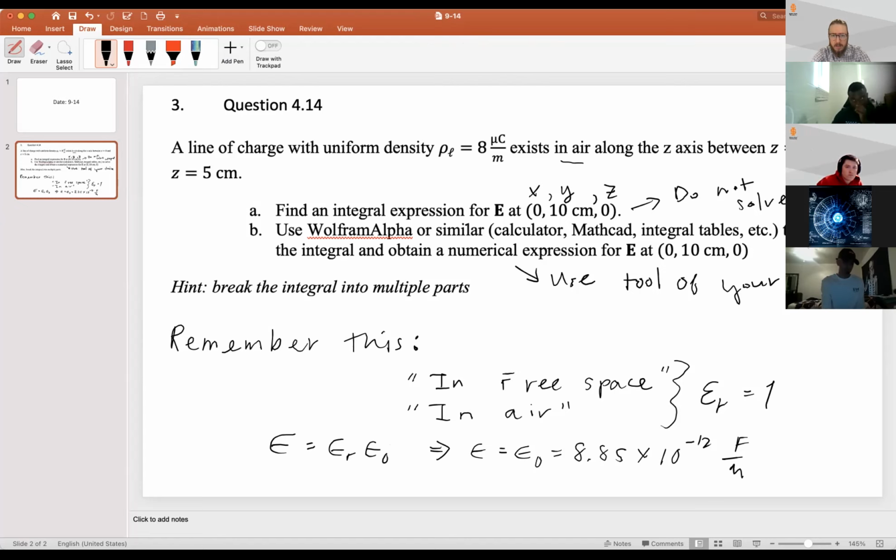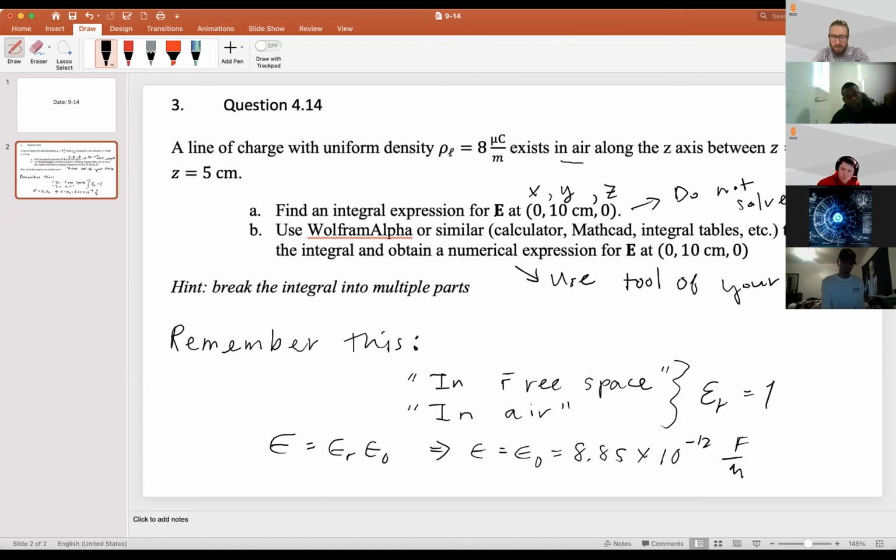One is the level of integration that you can be expected to do in this class, which is that you can always set up the integral. And then part B is actually solving the integral.